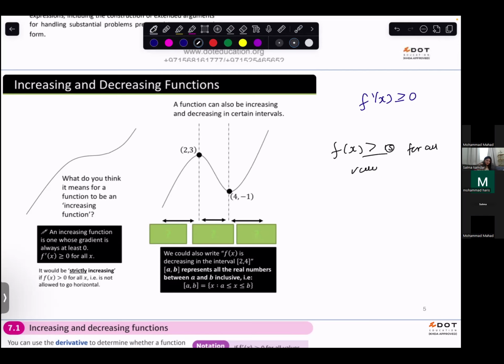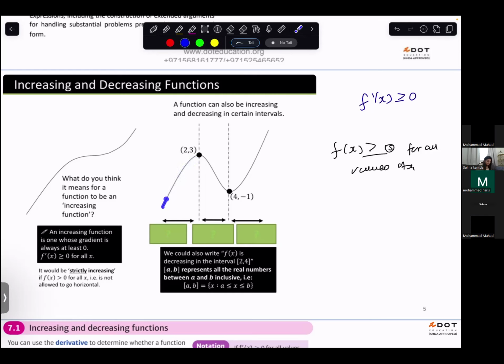Are you with me? I'm saying this again and again because you have to check whether your question is asking you for an interval, or strictly increasing, or increasing or decreasing, or values of x. Come on, now tell me, how will you define it for this function?